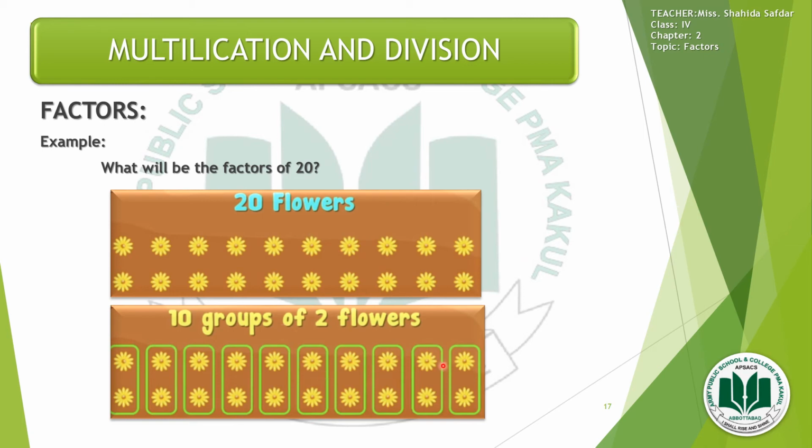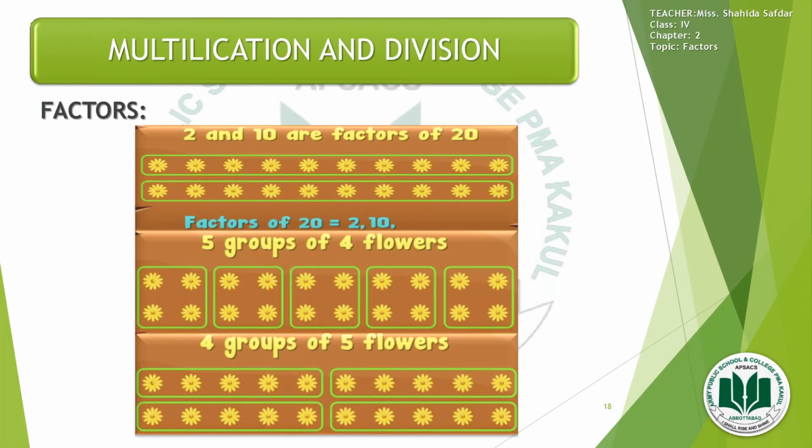As you can see here, there is no flower left behind. Similarly, we can make 2 groups of 10 flowers each. Here you can also see that there is no flower left behind.